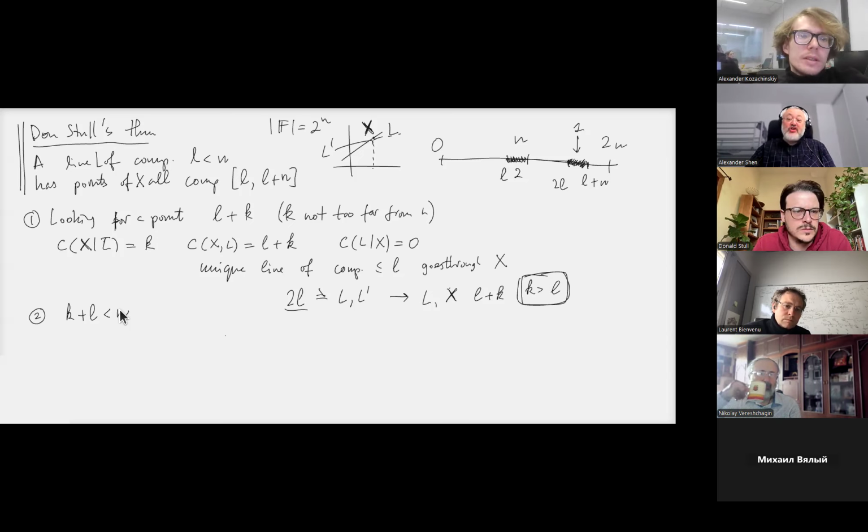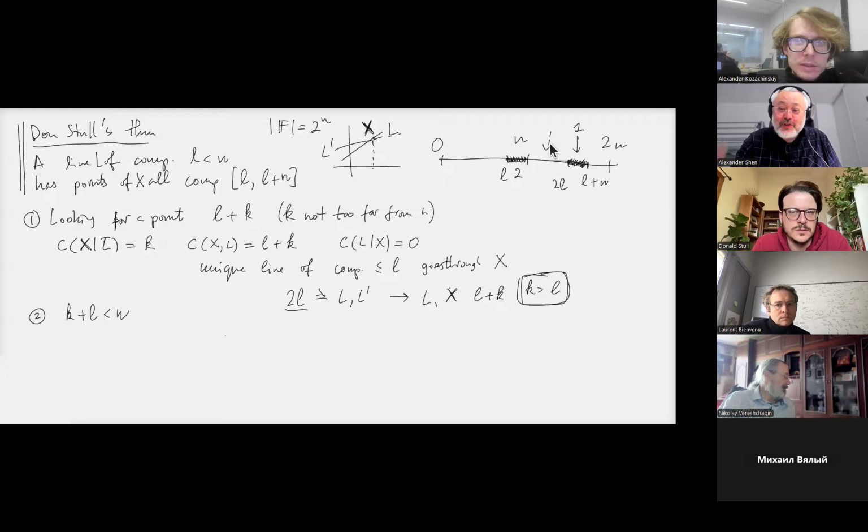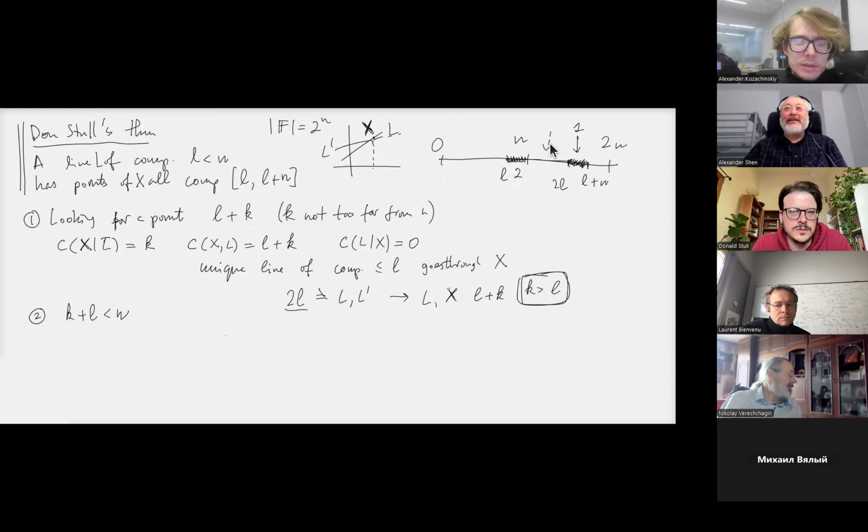So it's another regime. It's a small increase. And there will be just two cases. Before we have increase almost by N, and now we have small increase. So I have a stupid question. There will be just two cases. No, because there is something here, so we need a third case. But I want to consider simple cases first.